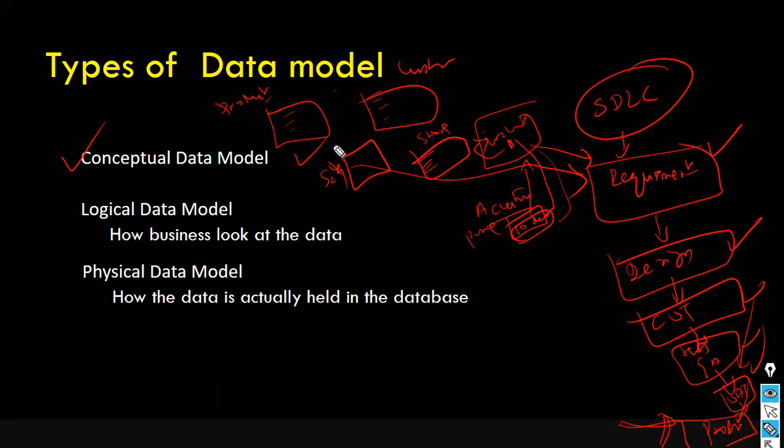Only customer related information, only product information, store related information. The sales table will have keys from all these three tables. So first, for the conceptual data model, you want to understand what the tables are at a high level, the big picture. And then you will also get to know the data flow.